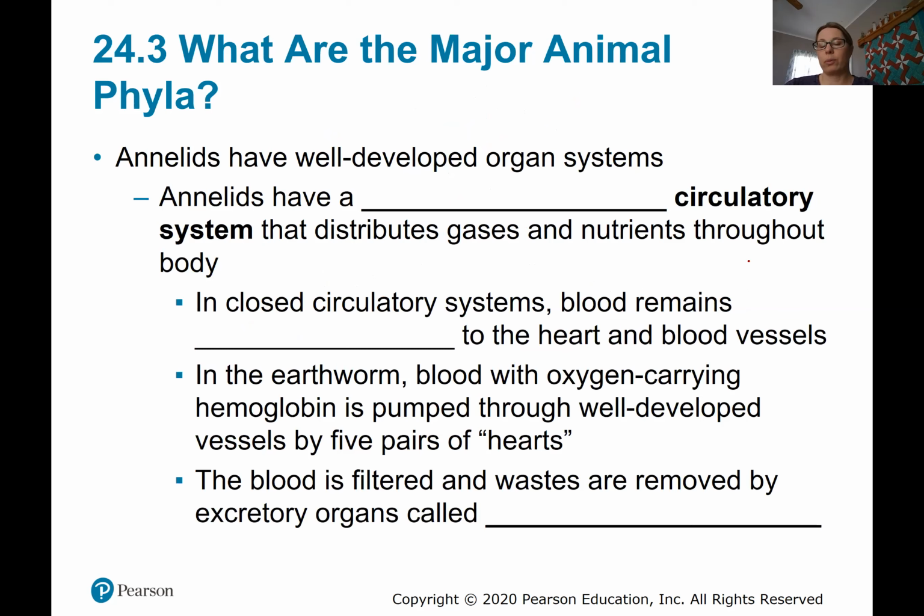Okay. Annelids or earthworms, as an example, have very well developed organ systems. They have what's called a closed circulatory system, like humans. If you think about our circulatory system, our blood is pumped by the heart through veins and arteries, okay? Unless there's an injury, blood does not leave those veins and arteries, those vessels. And so the blood stays within that system. So it's a closed system. We'll talk in a little while about some open circulatory systems, but the earthworms have a closed system in which the blood stays within the blood vessels, okay?